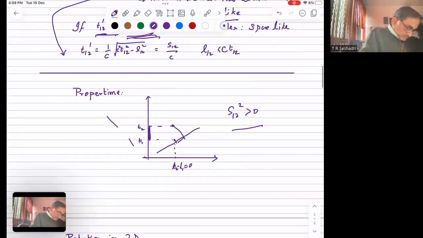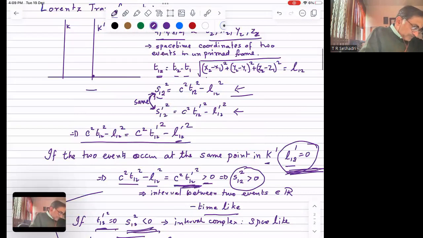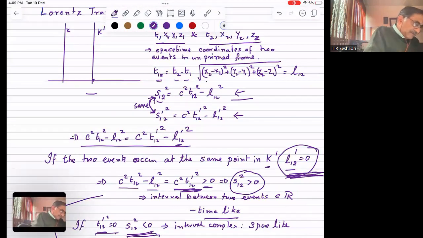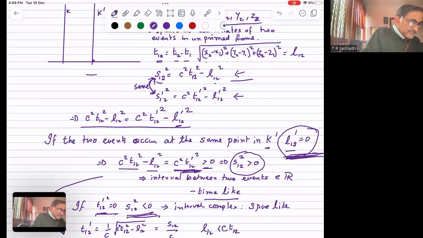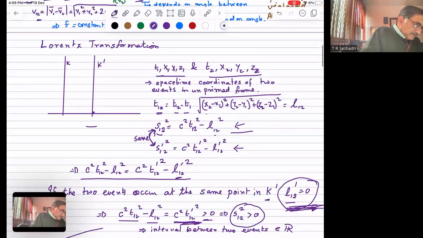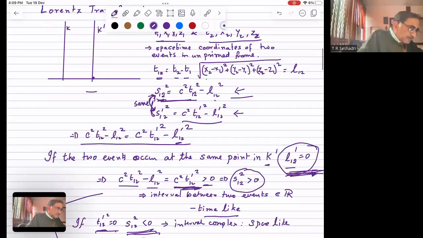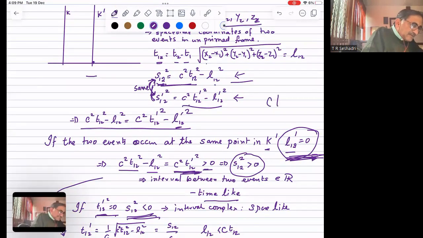So basically, let me just repeat: if my L12 is 0, that is, they happen at the same spatial point in the primed frame, then this quantity is positive. And since this is the same in both frames, this quantity is positive. So it will always be such that cT12 is greater than L12.